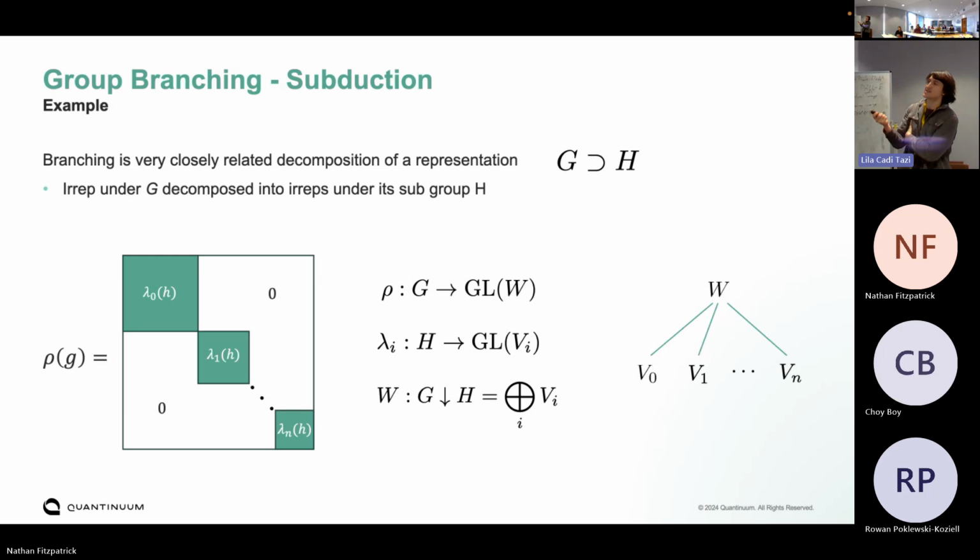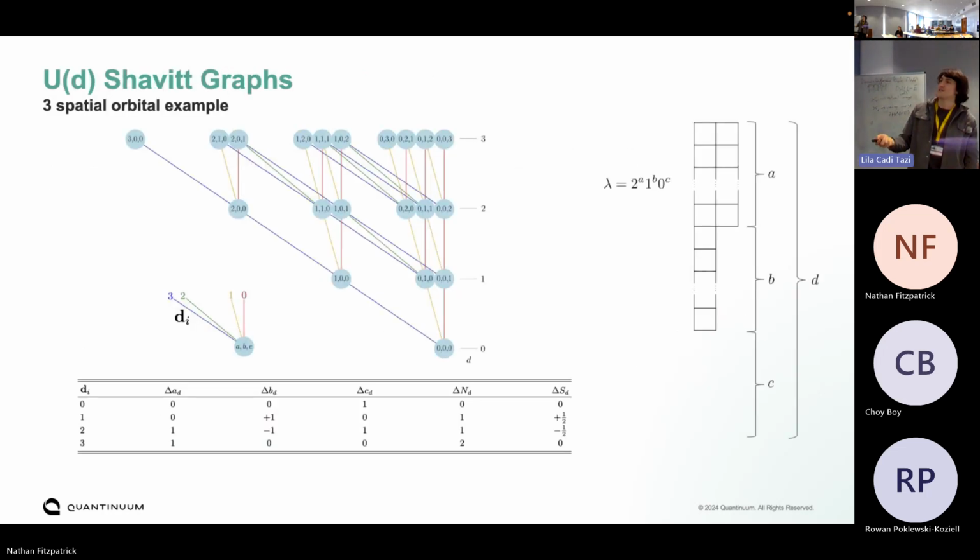And this is precisely what Shavitt branching is. It's a recursive chain of what's known as a Bratteli diagram. When you have this recursive group representation structure, you get this branching, and that leads to this famous Shavitt graph. So some of you might have seen this in the paper.